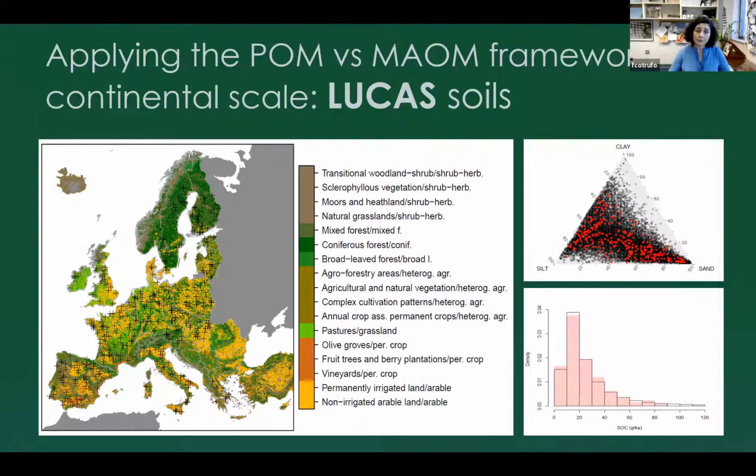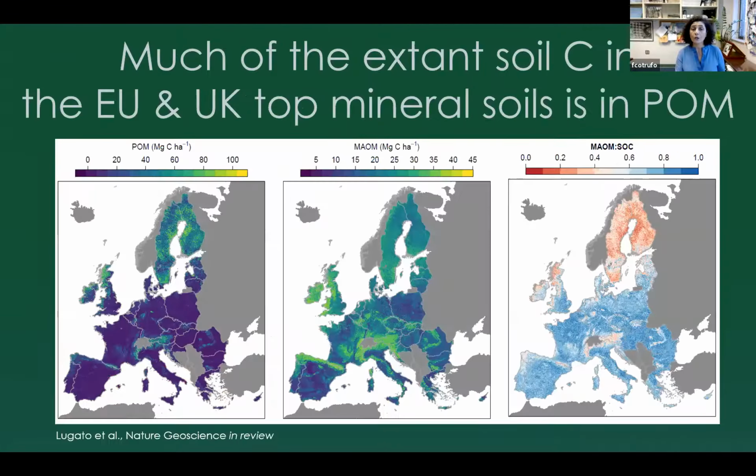And then, using artificial intelligence, we projected the measured fractions all across Europe and produced maps of how carbon, in particular particulate organic matter and mineral-associated organic matter, is distributed across Europe.